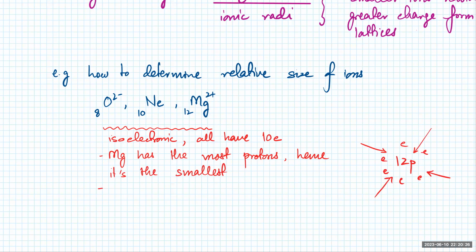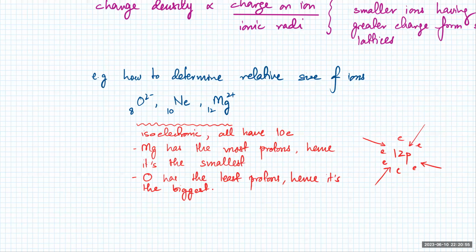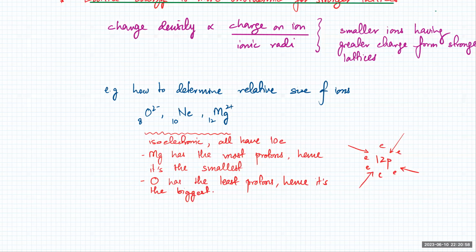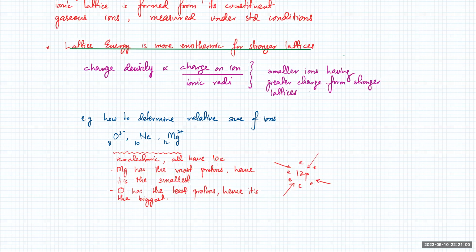It's got 10 electrons as well, but it's attracting the electrons the least. The oxygen ion has the least protons, hence it's the biggest. It's going to have the least attraction. So that's how you determine the relative size of ions.